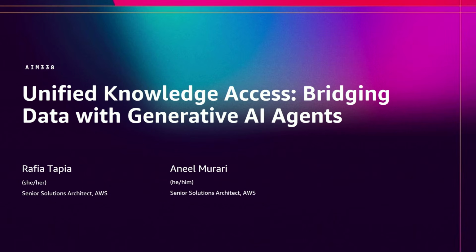So this talk is about how you use AI agents to bridge that data in different silos, structured and unstructured, and have an intelligent system that can go across these data silos.